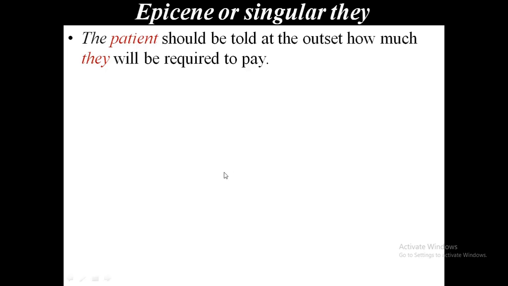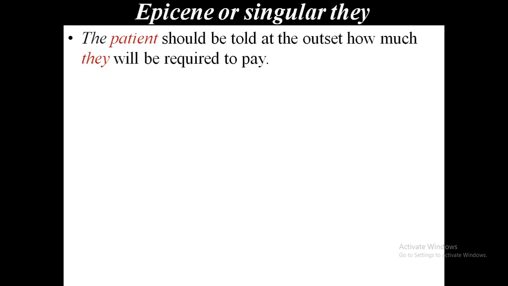So what are the situations where the word they is going to refer as a singular? Okay. The patient should be told at the outset how much they will be required to pay, right?